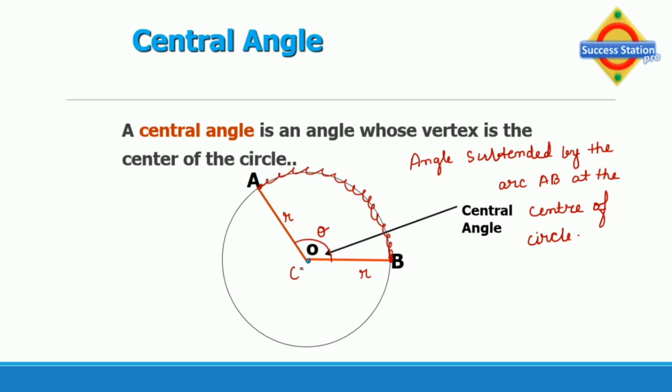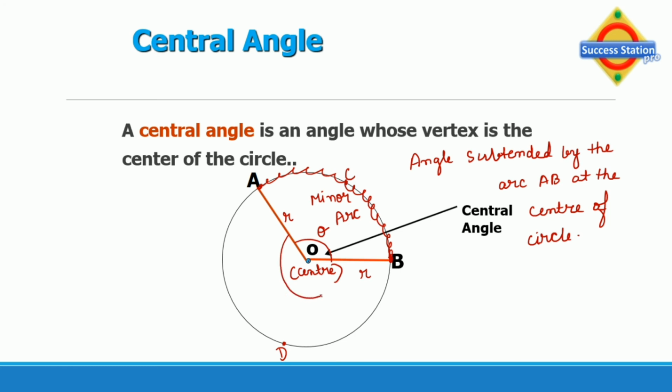O is the center, right? So the angle here was subtended by this arc. Which arc? Arc AB, right? Now this is the minor arc, as you know, so this subtends angle theta. What angle would be subtended by the arc ADB at the center?